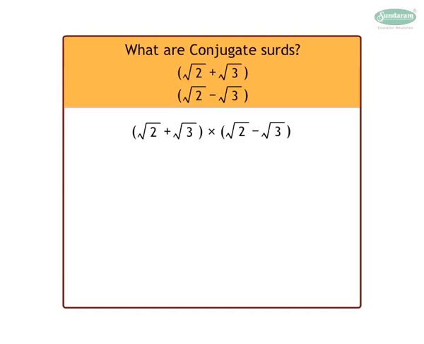On multiplying both these expressions, we get a rational number. Let us multiply both these expressions. Root 2 plus root 3 multiplied by root 2 minus root 3.